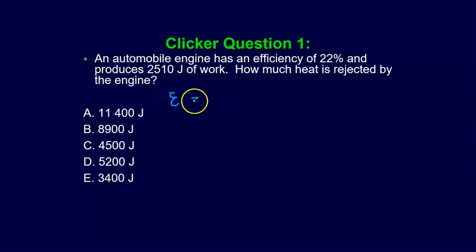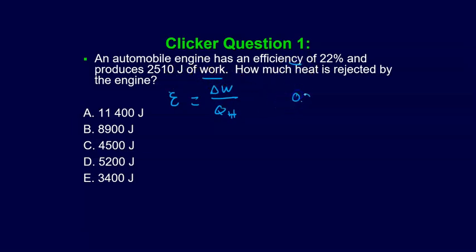All right, our efficiency is our work divided by the heat that we took out of the hot reservoir. In this problem, we've got two of these variables. We know how much work is done, and we know the efficiency.